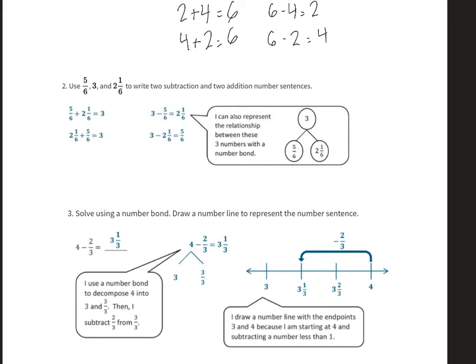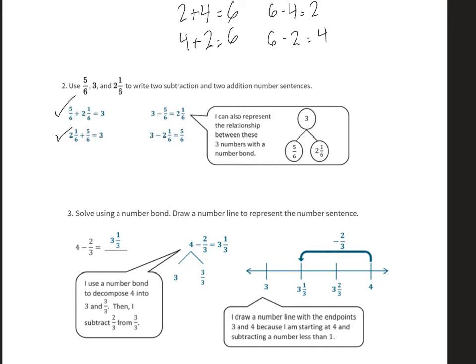Okay, so they had the fractions 5/6, 3, and 2 1/6 here. Okay, so they wrote 2 addition and 2 subtraction sentences. So the first one they said here is 5/6 plus 2 1/6 gives me 3 wholes. Okay, then they said if that's true, then I can swap these around, and I also know that 2 1/6 plus 5/6 equals 3 wholes.